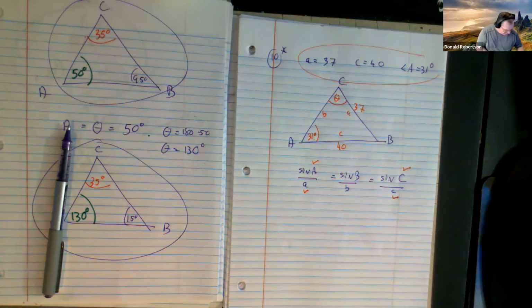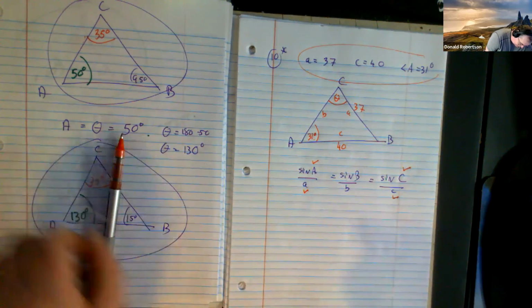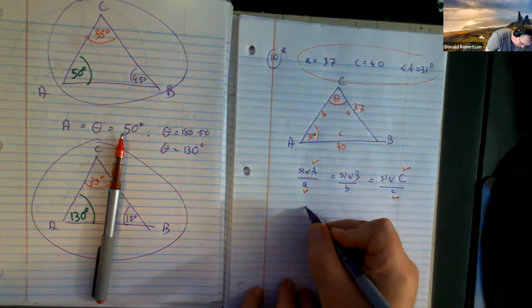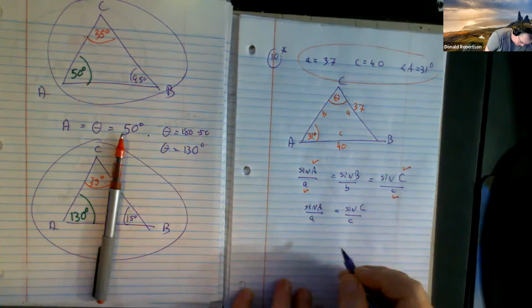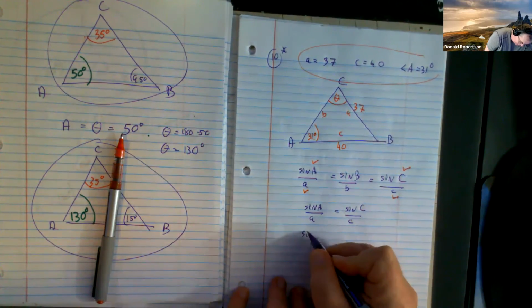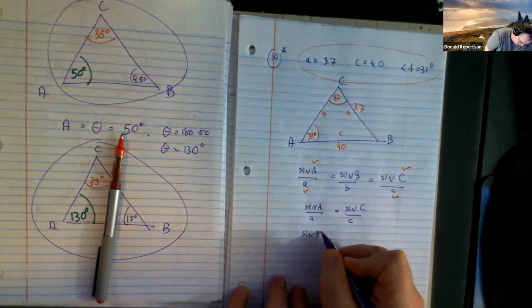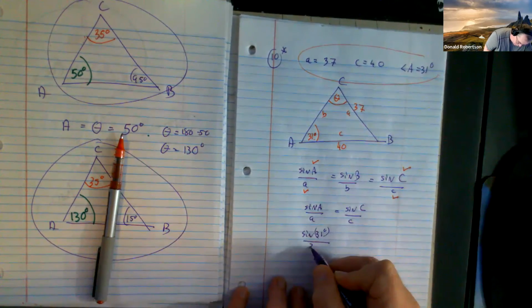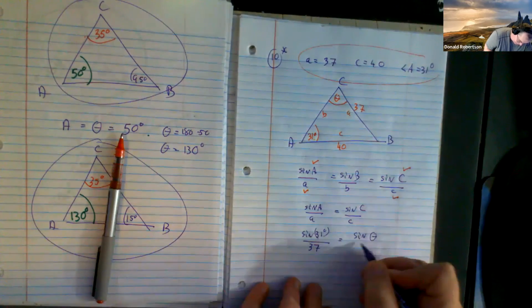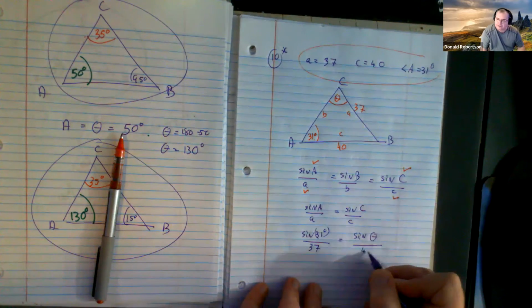Good. So the sine of A over little a is the sine of angle C over little c. The sine of 31 degrees divided by 37 is going to be the sine of theta divided by 40. So far, so good.